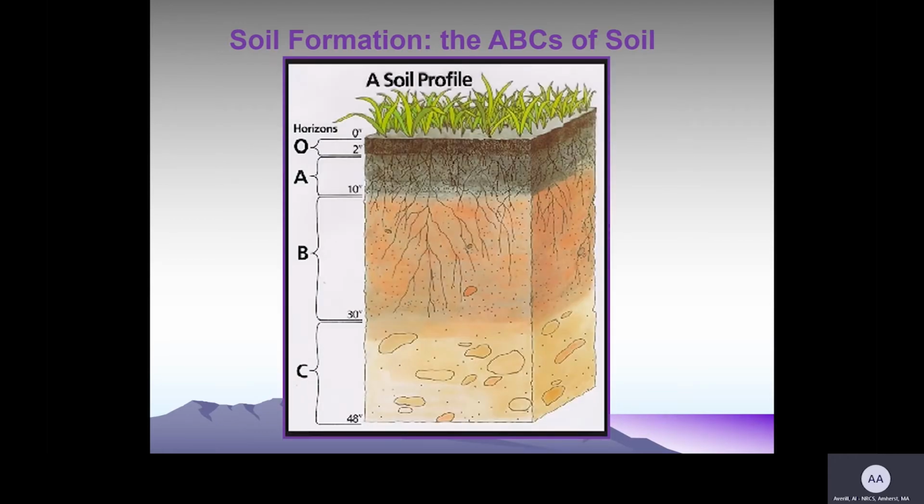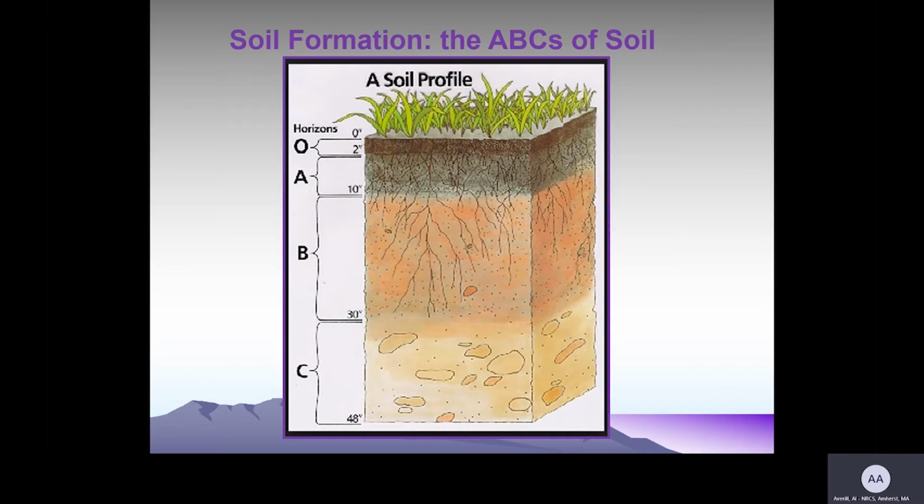Here's a depiction of a soil profile that has undergone formation processes and formed layers called horizons. And you'll see these labels, O, A, B, and C. And those depict some pretty typical layers, or horizons, that you're going to see out there in the field. So what are these different horizons?